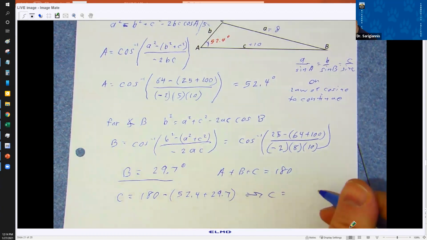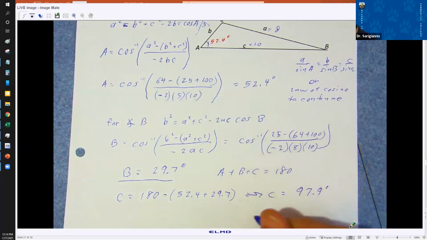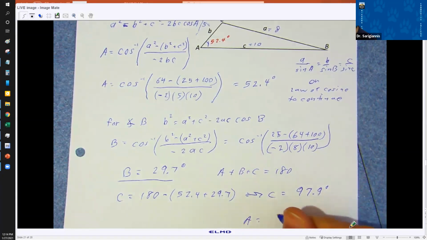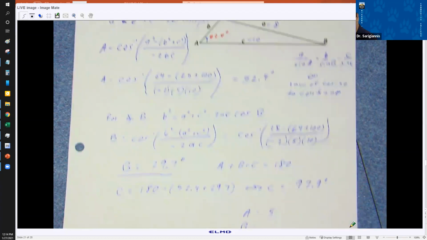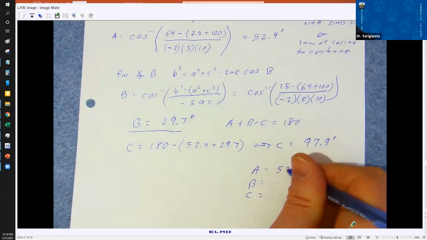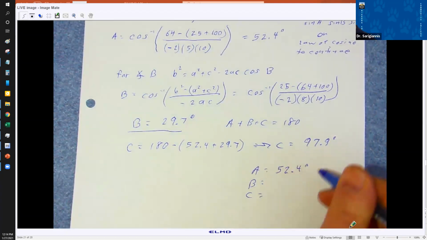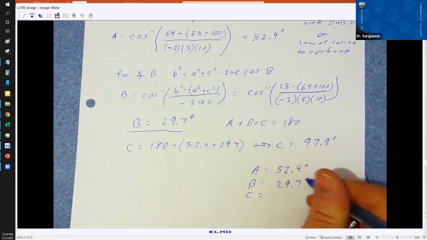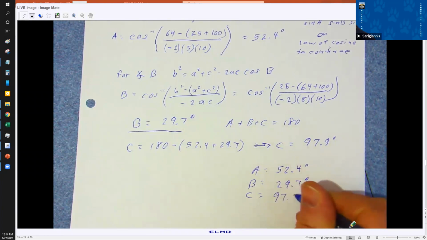So C is equal to 97.9 degrees. So we can list them out below here if we want: 52.4 degrees, 29.7 degrees, and 97.9 degrees.